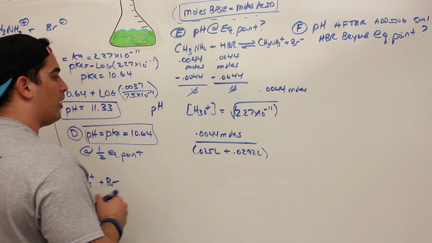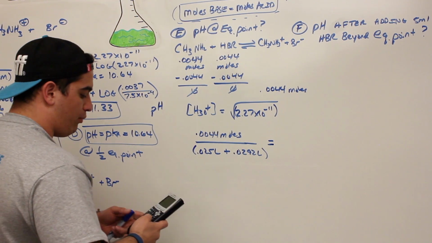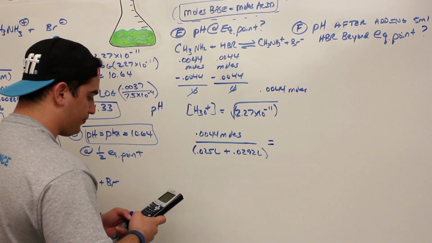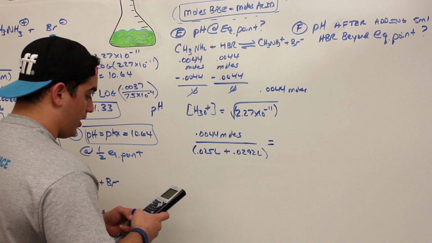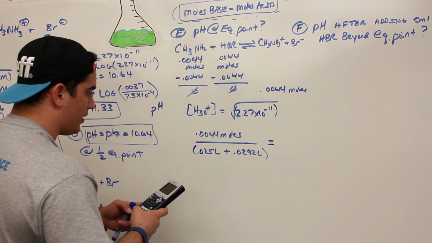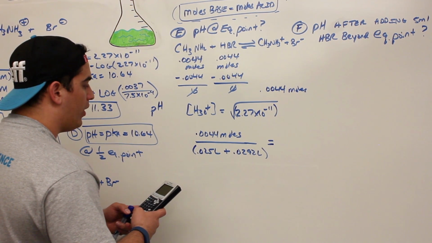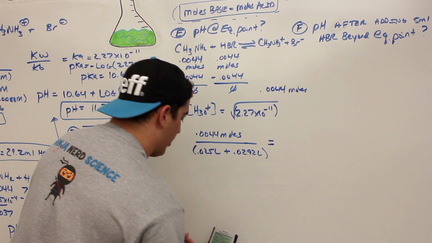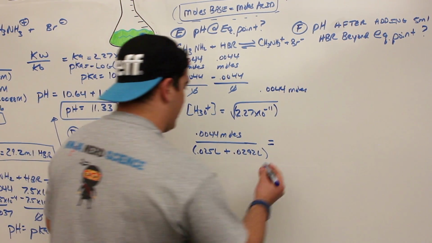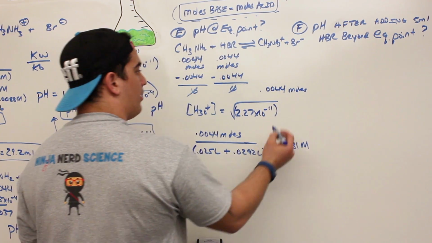And that's going to get me my molarity. So let's get that number. If I take 0.0044 and divide that by 0.025 plus 0.029, I get 0.081. Let's write that out, 0.081 molarity. Let's plug that in right there.